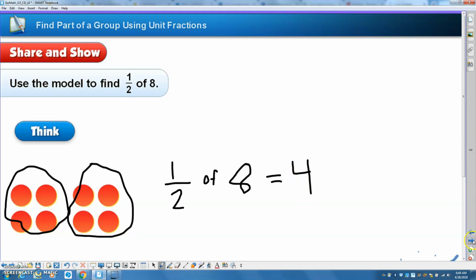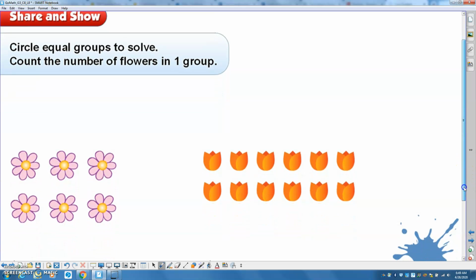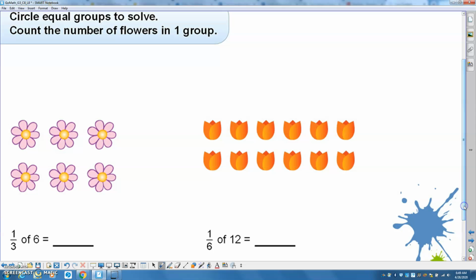Let's try 2 more actually. So looking here, and this is going to be what you're doing on your share and show, you're going to look at a group. We have 6 flowers, and we want to find 1/3 of those flowers. So in order to find 1/3, the denominator tells us how many groups. There are 3 equal groups, so we have to split these 6 flowers into 3 equal groups. So I can see, here's 1, 2, 3.